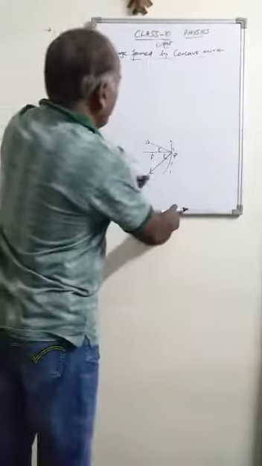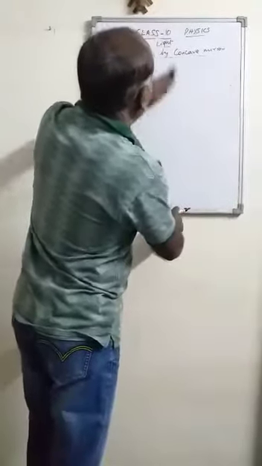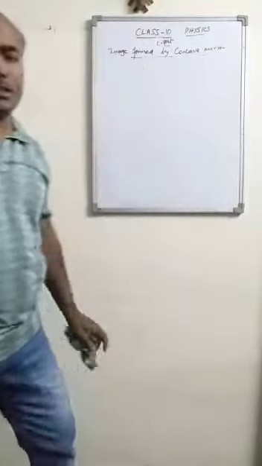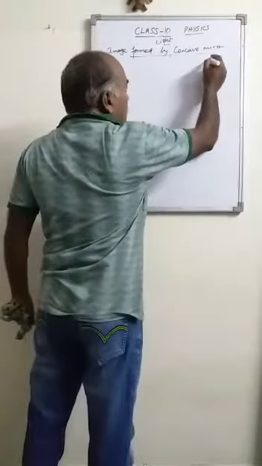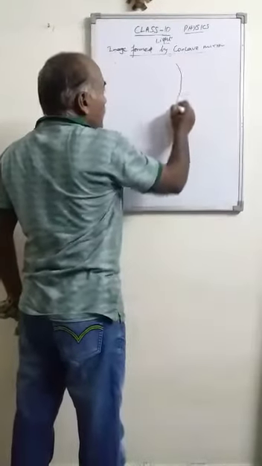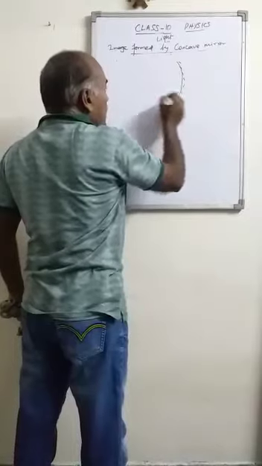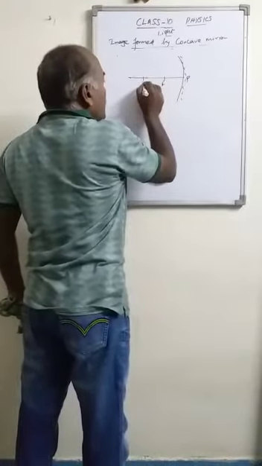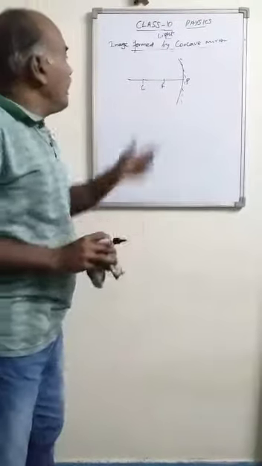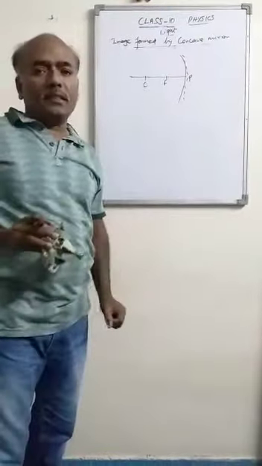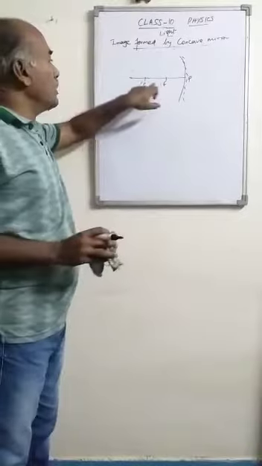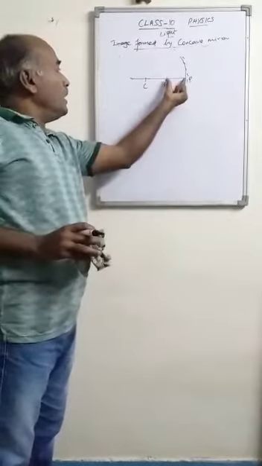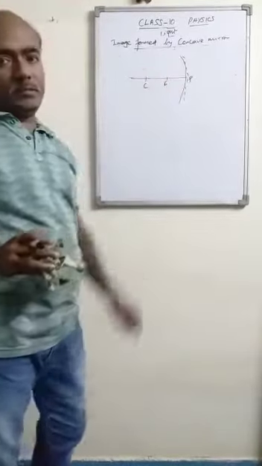In front of a concave mirror, we can put the object at any position. Suppose this is the concave mirror, with principal axis, focus, center of curvature. While indicating these terms, pole, focus, center of curvature, the lengths must be equal.